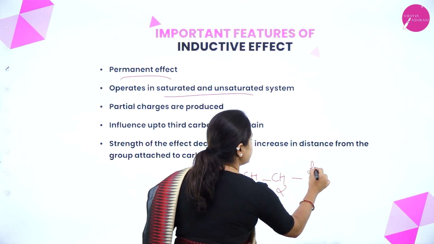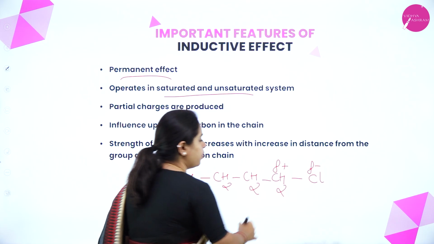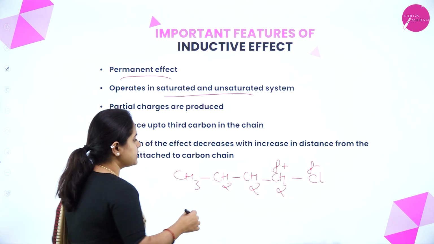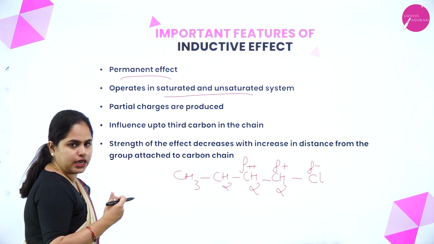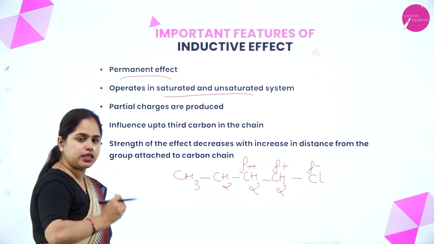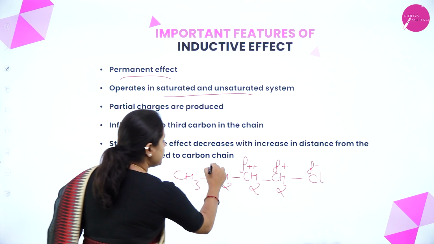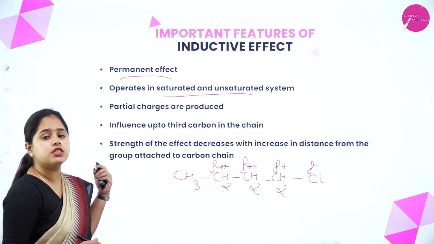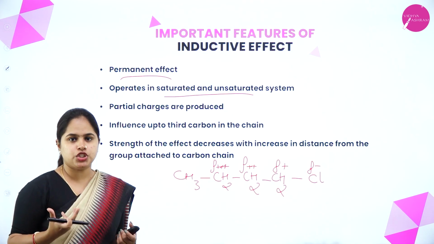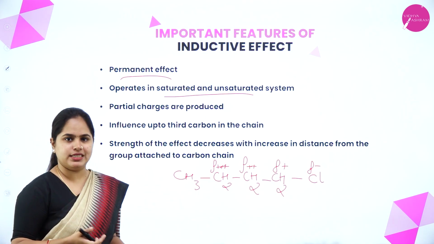So chlorine will attain the partial negative charge, carbon will have the partial positive charge. Yes, and the next carbon will also have a small inductive effect, that is, it will attain a small partial positive charge, and it can happen to the third carbon as well. But the next carbons will not have a noticeable inductive effect.